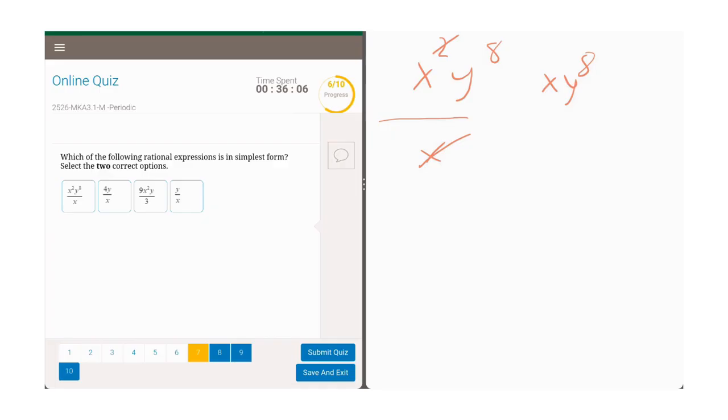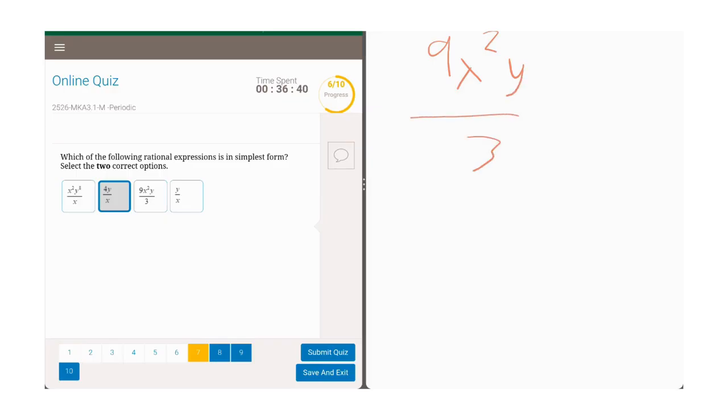This is not in simplest form. Next expression, 4y over x. We can't simplify the variables or the constants, which means this is in simplest form because we can't do anything to it.